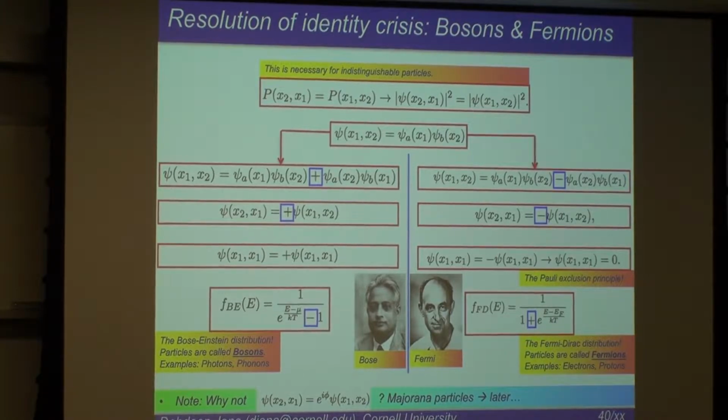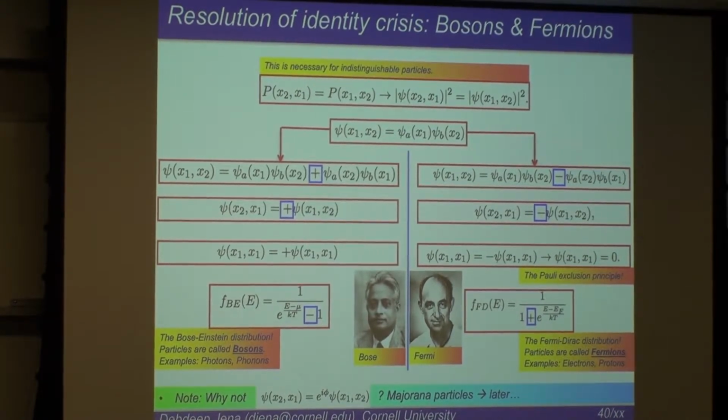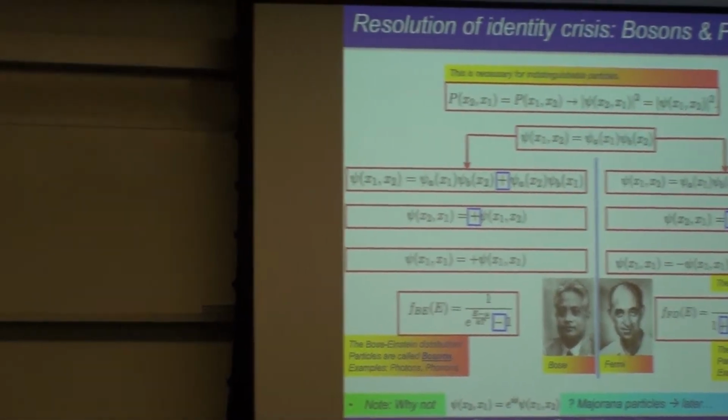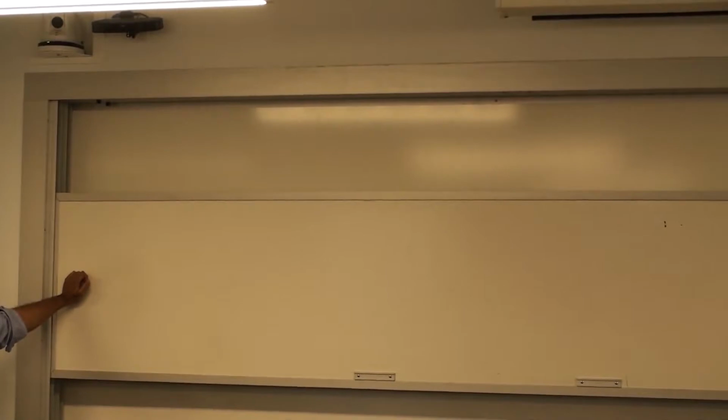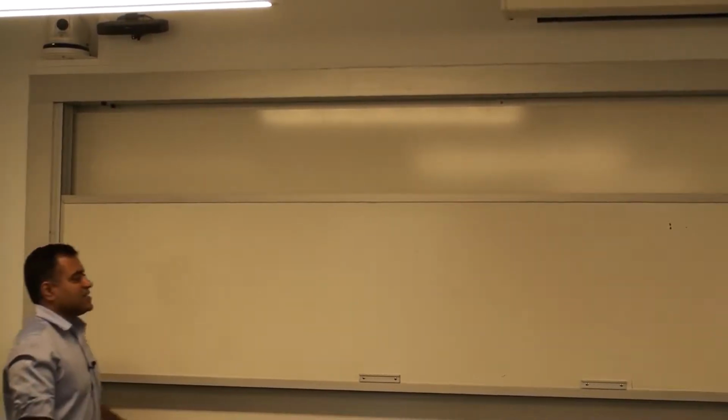Okay, so if I were to summarize the discussion in the last class, starting from Dirac's notion of creation and annihilation operators for harmonic oscillators, we actually generalized it way beyond a harmonic oscillator.